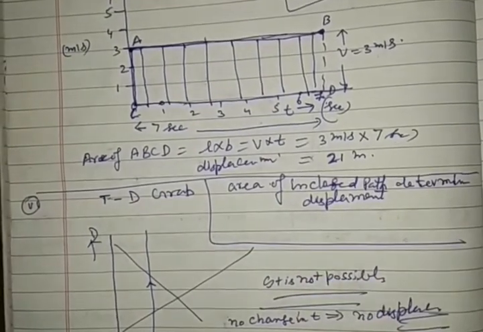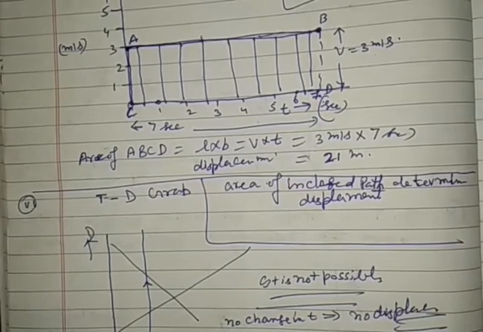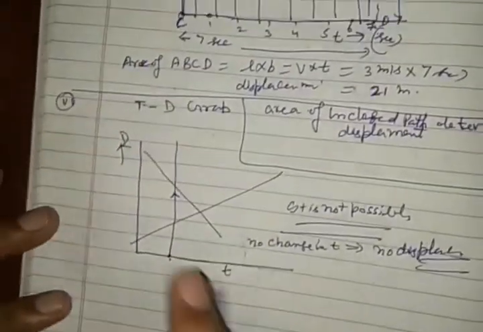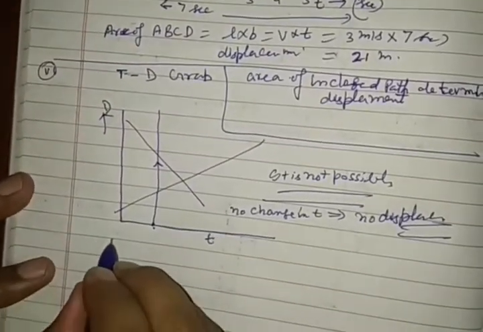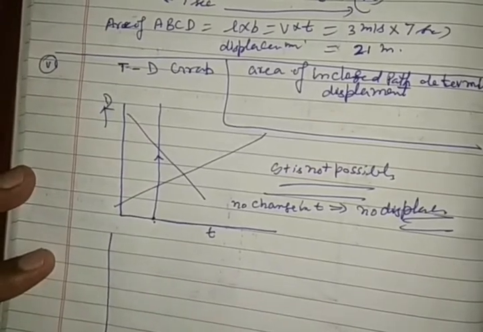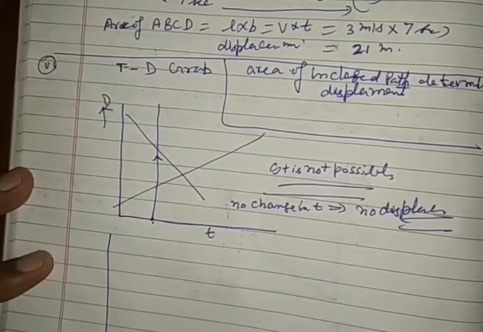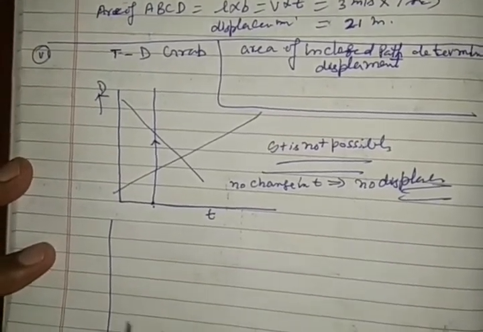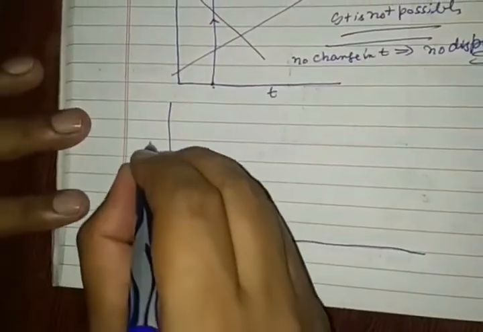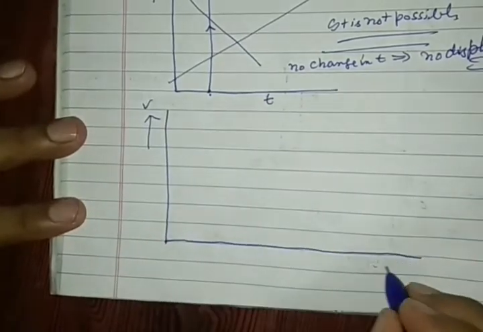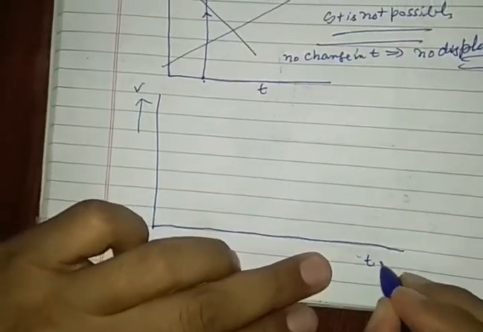See very carefully here in this case. Here is the same type of graph. See very carefully. One more type of concept we can develop in case of velocity time curve.